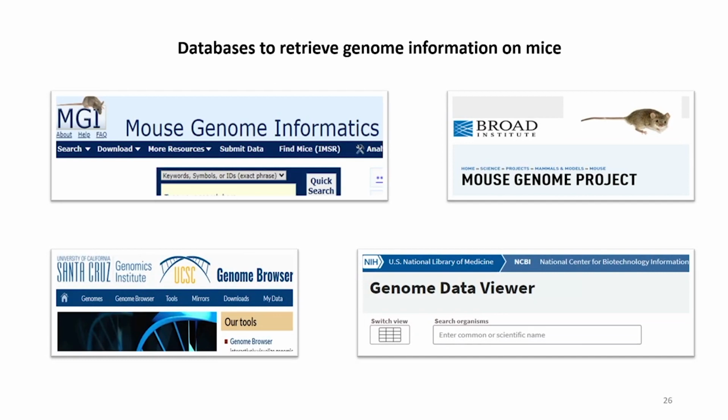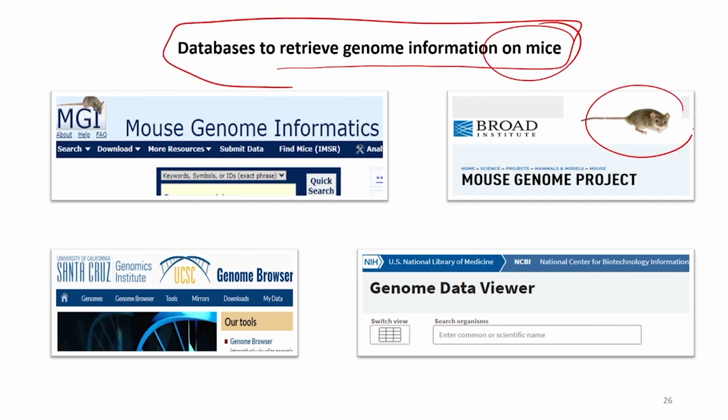For this you may use different databases depending on the organism, and these are some of the databases from which you can get a lot of genomic information on mice.